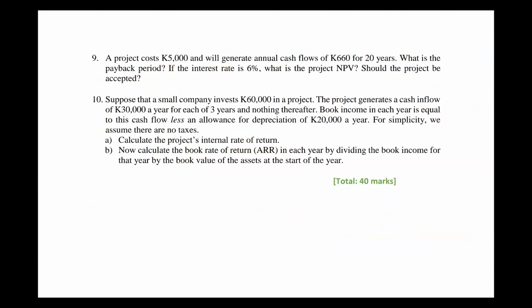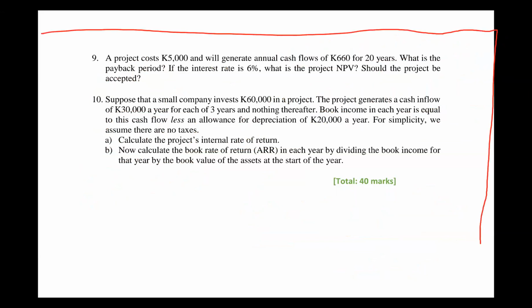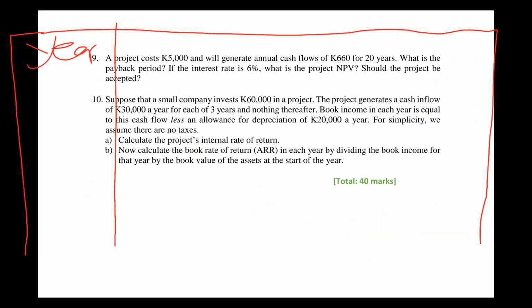Okay. Now let's calculate the internal rate of return. For us to calculate the internal rate of return, we know that we need the net present value, right? So let's have here the years. What do we use?